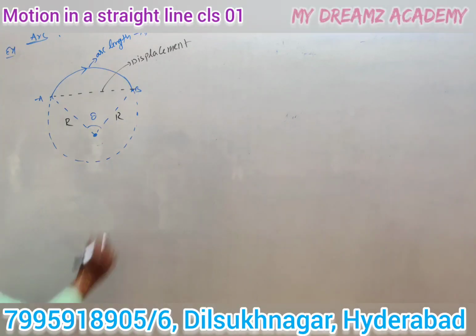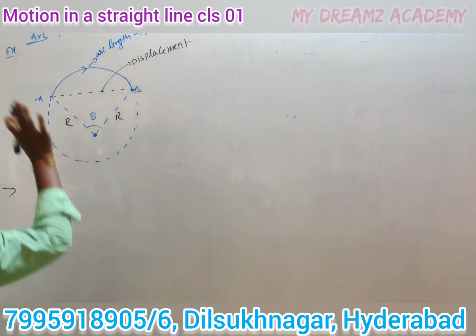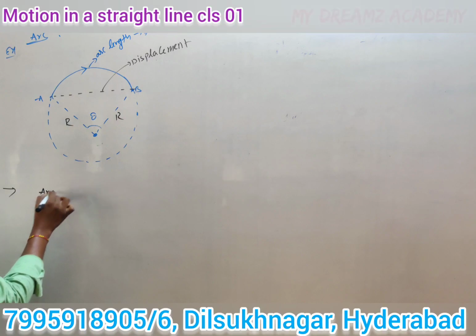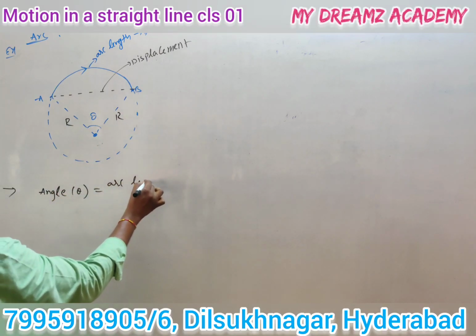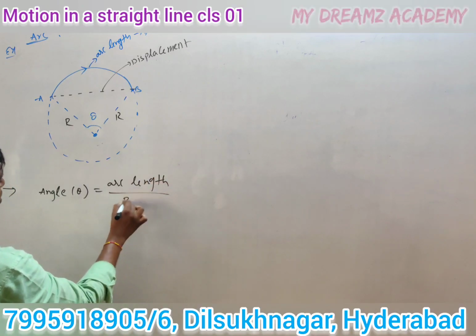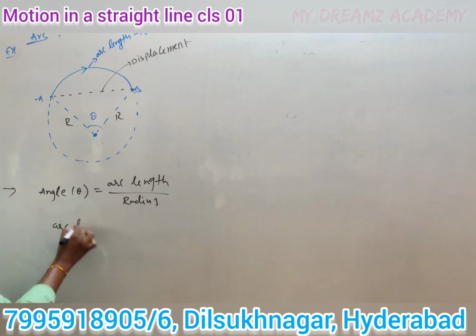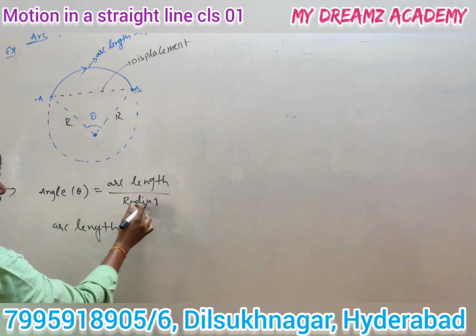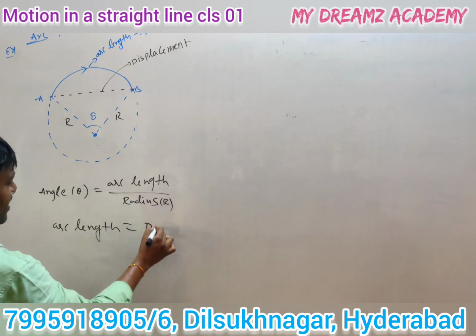Now, what is the relation between radius, arc length and angle theta? We have one formula: angle theta equals arc length by radius. So the arc length equals radius capital R into angle theta.